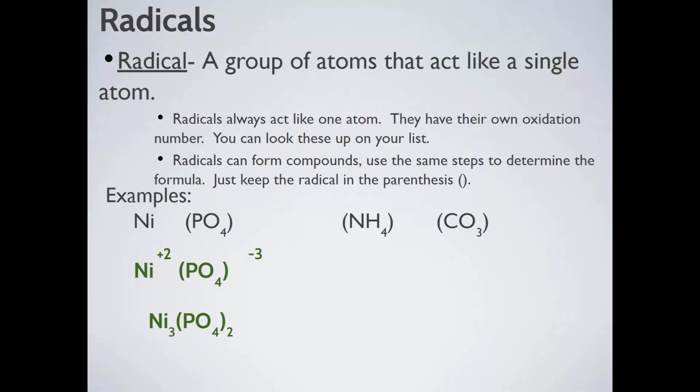Just like we did with the elements, write its oxidation number. All right, this one's not very exciting, but what about this NH4? The radical. So I have to look it up in my radical chart I just gave you. What's its oxidation number? +1.